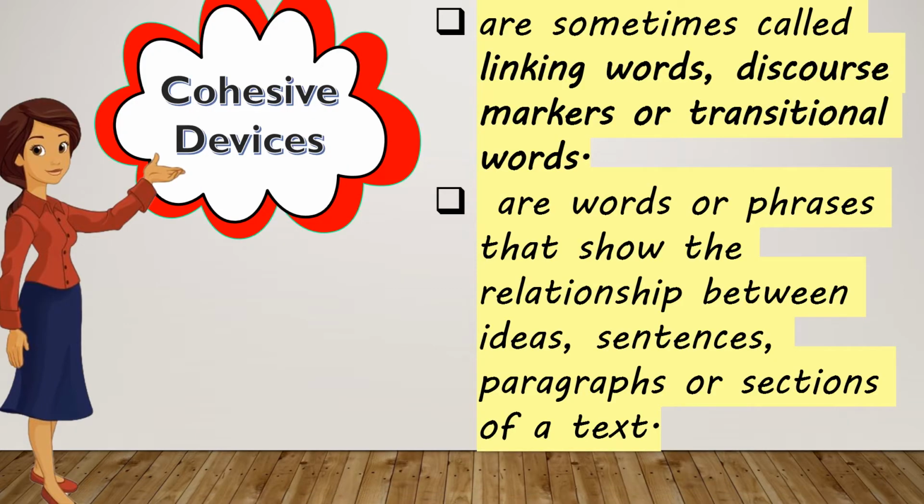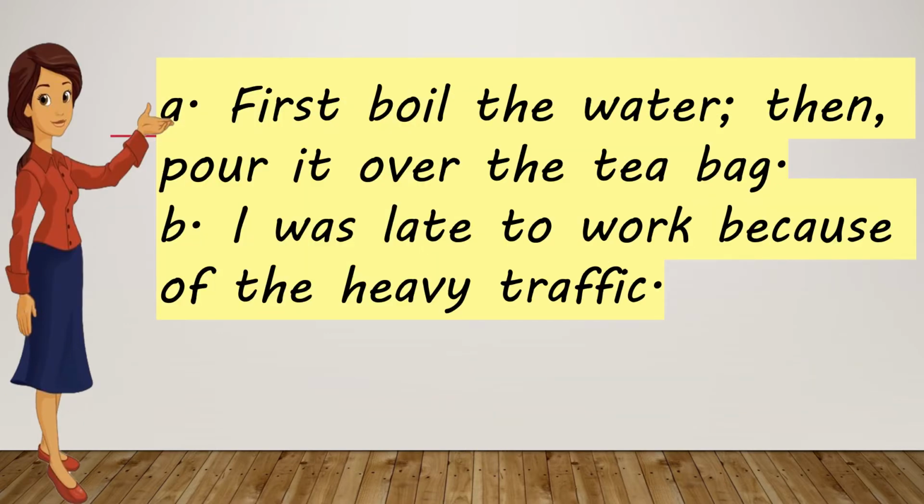So what are cohesive devices? These are sometimes called linking words, signal markers, or transitional words. Cohesive devices are words or phrases that show the relationship between ideas, sentences, paragraphs, and sentence sources. Take a look. First, for the word then, and for it over the feedback.